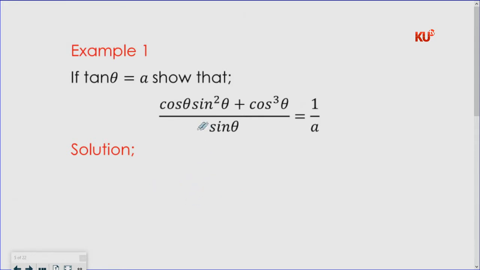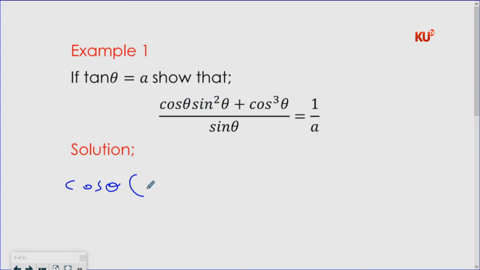As you can see, we have sine squared here, we have cos cubed here. We can say, let's factor out cos. So I'll have cos theta into brackets. I've taken this cos theta outside.